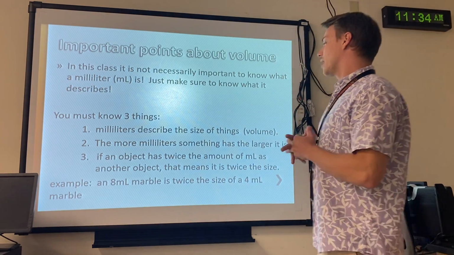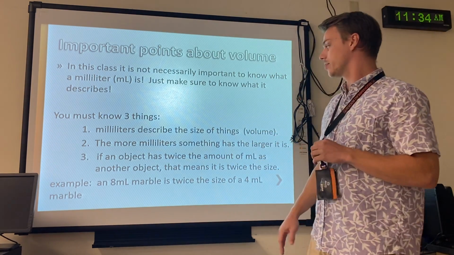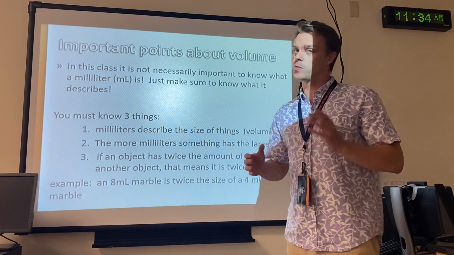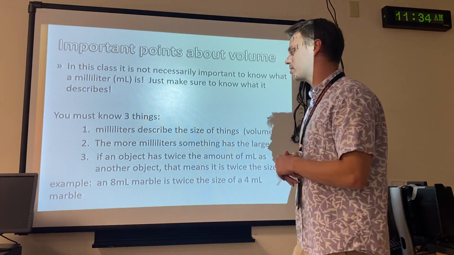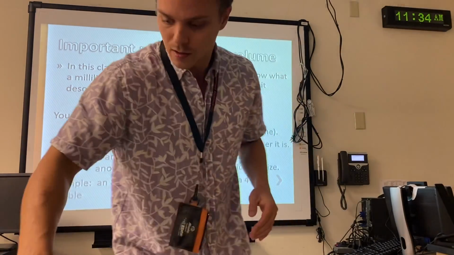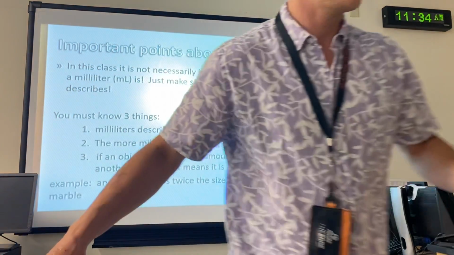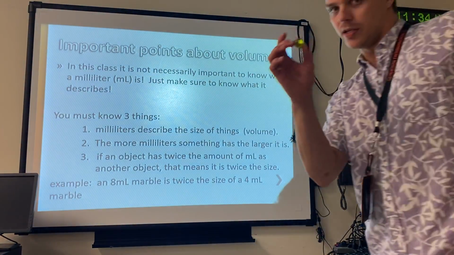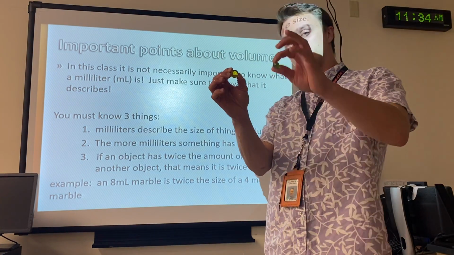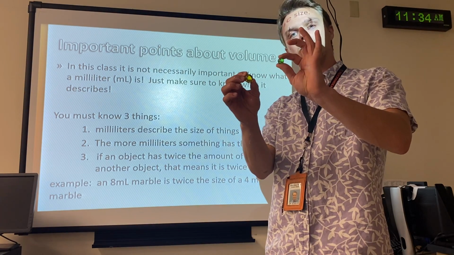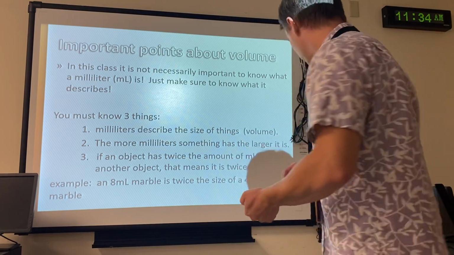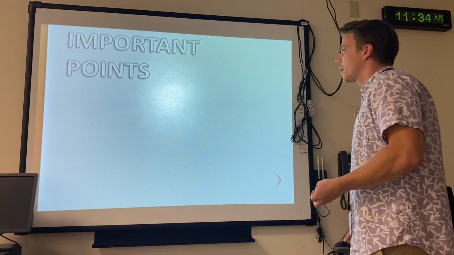And also, if an object has twice the milliliters of another object, that means it's twice the size of the object. An example of this would be marbles. An 8 milliliter marble is twice the size of a 4 milliliter marble. Okay? So hopefully that makes some sense.